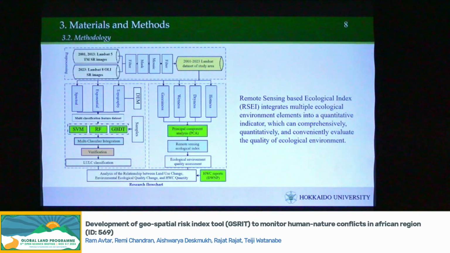And we have recently started working on the Okavango Delta in Botswana, where we are looking into how the land use land cover change is happening, and we have developed this remote sensing based ecological index, and we are comparing this RSEI as well as the land use land cover change with the incidences that happened in the Okavango Delta. So here I just want to show you some briefly, because I have very limited time.